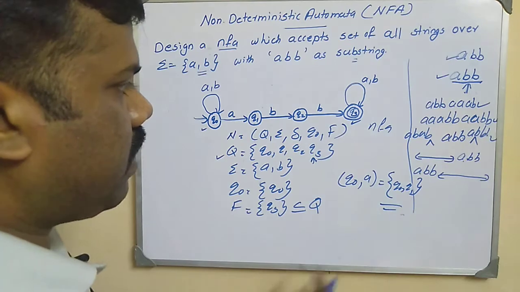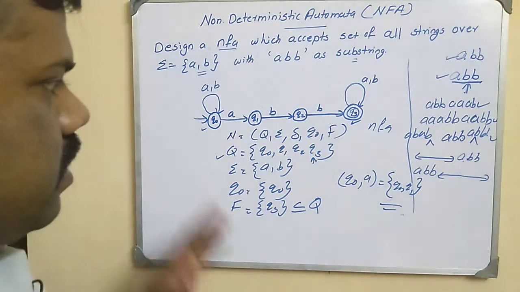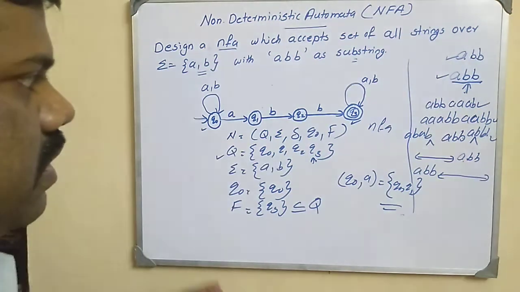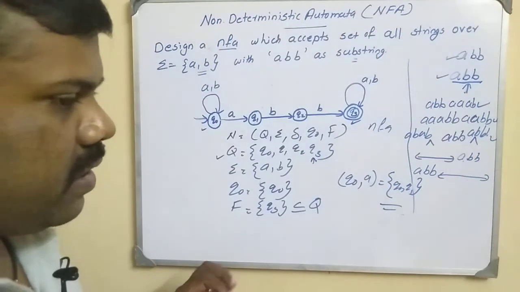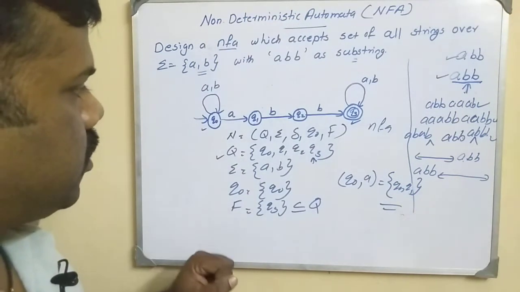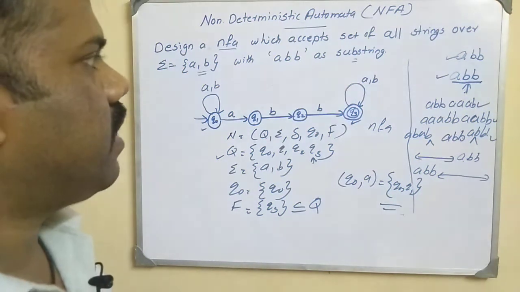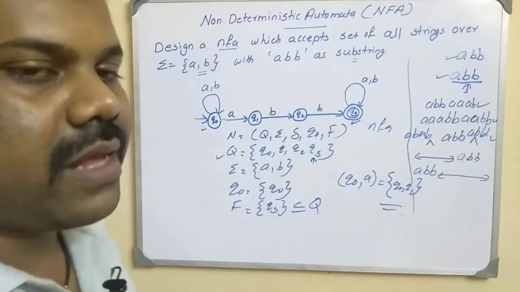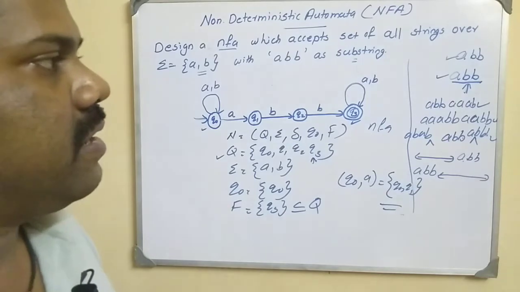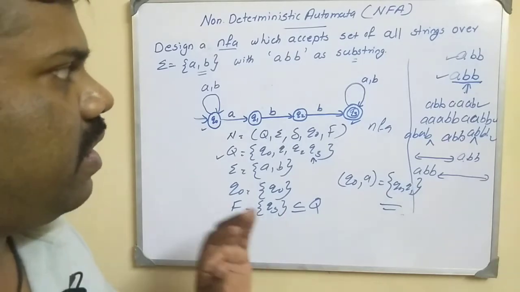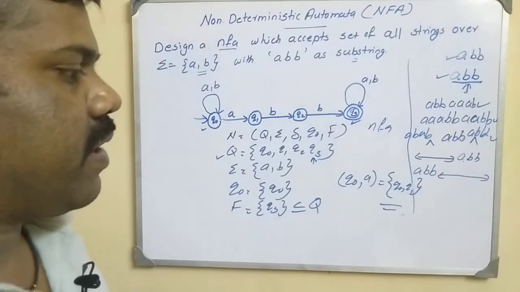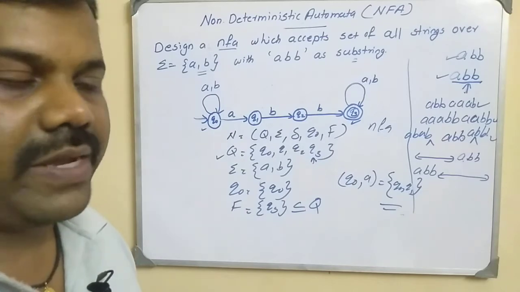If any node has more than one transition for an input alphabet, it is considered an NFA. So that's an example of how we can design an NFA and write its formal definition.